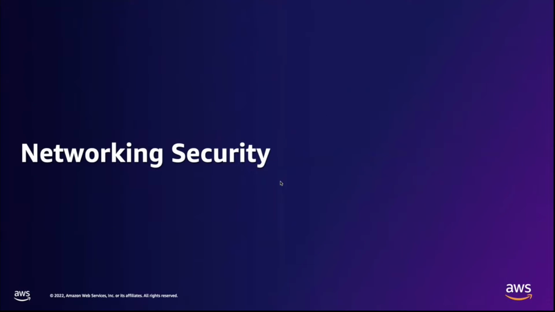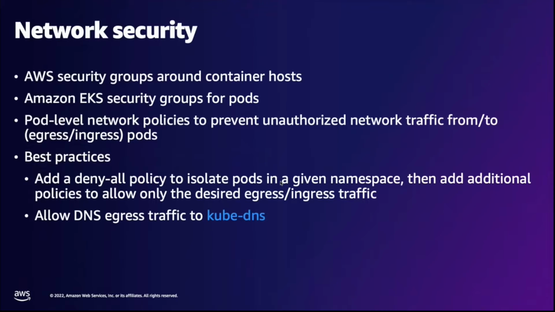And also when it comes to networking security, here are some of the things you need to consider. AWS security groups around container hosts, use Amazon EKS security groups for pods, and set up pod-level network policy to prevent unauthorized network traffic to and from pods.